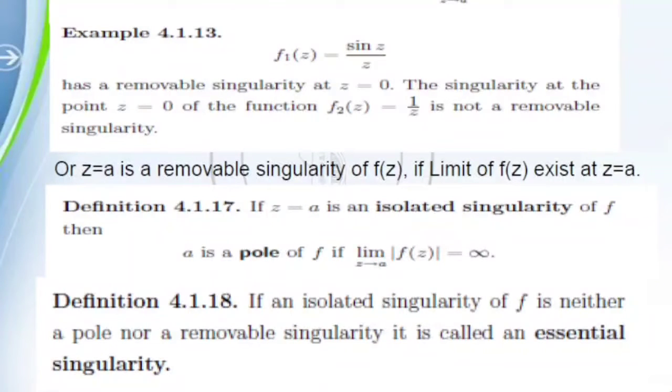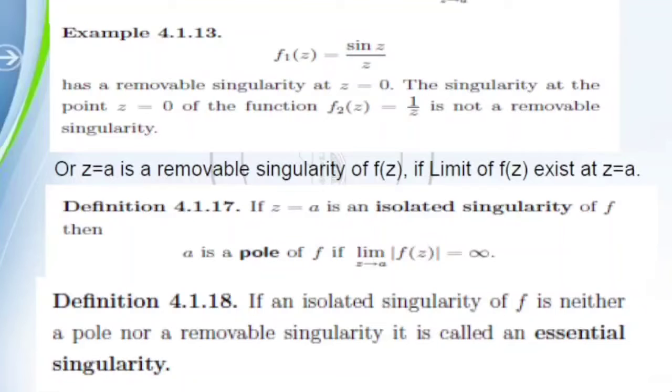Here, f of z is equal to sin z by z. What can we say about the analyticity or singular point of this function? This function is not analytic where the denominator becomes 0, the function does not exist. So z equal to 0 is a singular point.